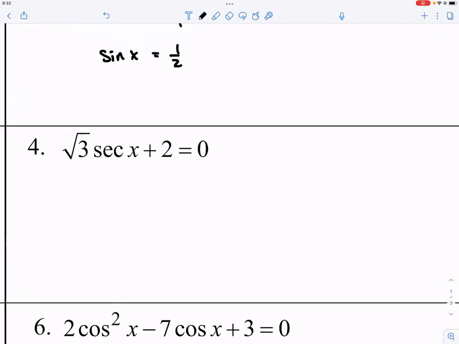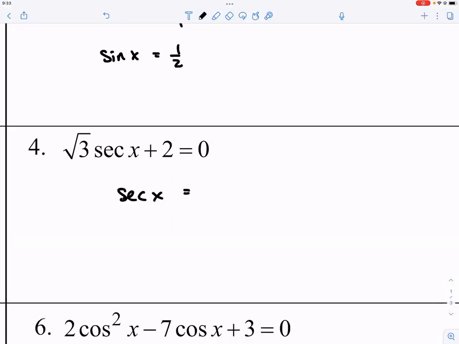This one is with secant. See if you can get it right for secant. Now I welcome you to skip some steps. You can just go straight to here if you want to. Let me tell you what I would do. As you know, I am not a fan of secant, cosecant, or cotangent. So if I see this secant x, which I know is 1 over cosine, I'm going to do the reciprocal on both sides.